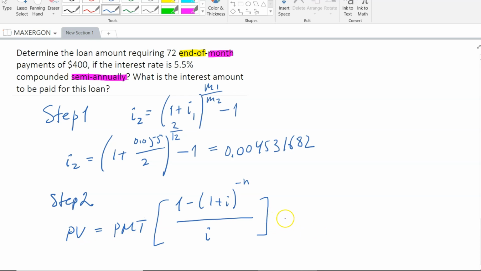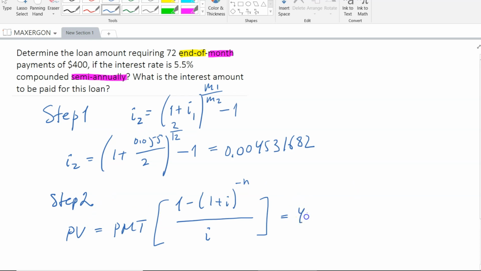We can use this formula right now because our annuity has become an ordinary simple annuity. I remind you that this formula can be used only if you deal with an ordinary simple annuity. But we could convert the rate in step 1 and make this annuity ordinary simple.